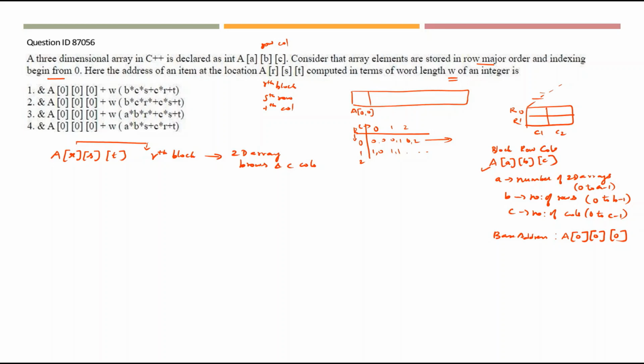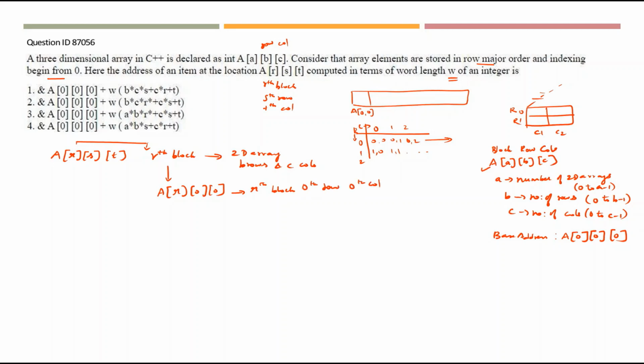So if I have to access the rth block, it means I have to skip R minus 1 blocks. If I am in the 5th block, it means I have to skip 4 blocks. So if I say it's the rth block, it means A[R][0][0]. It means I am at the starting of the rth block. This is rth block, 0th row and 0th column.